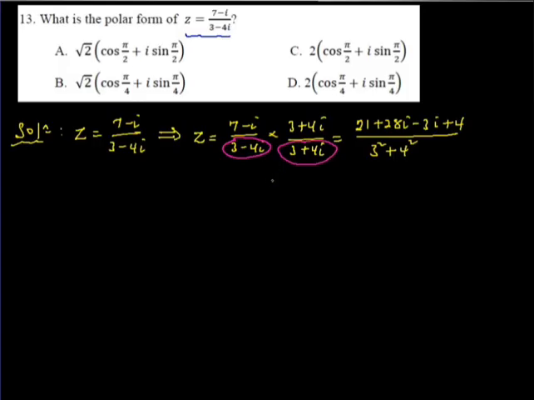Always keep in mind that the product of a complex number with its conjugate is the sum of the squared values of the real part and the imaginary part.